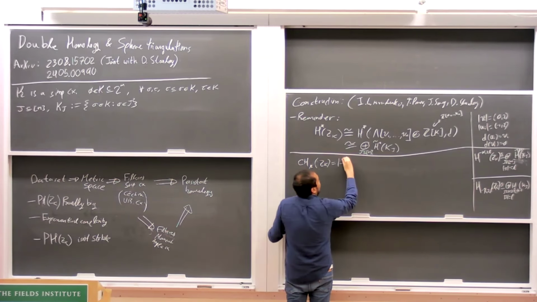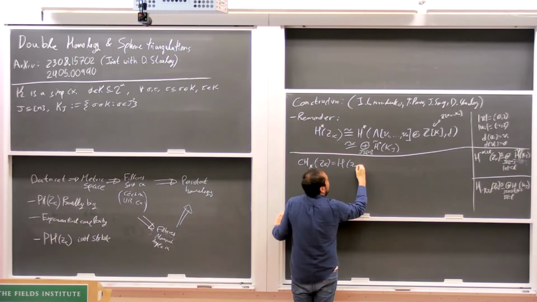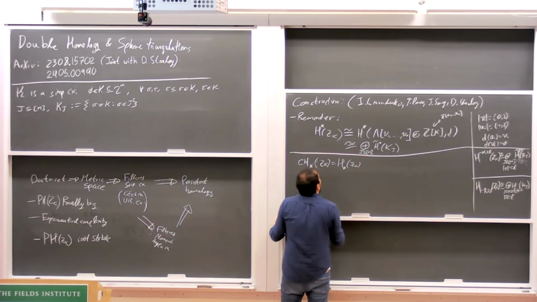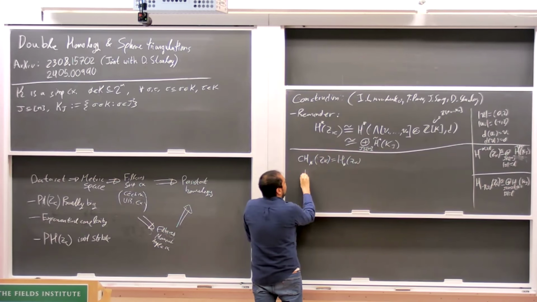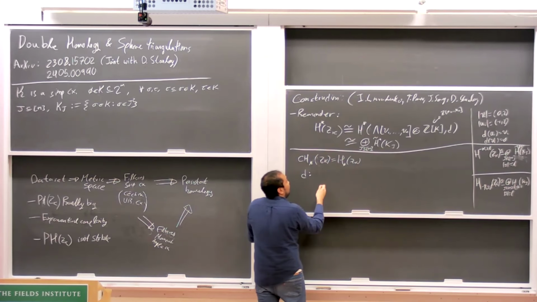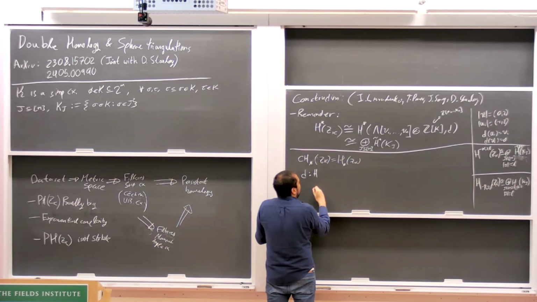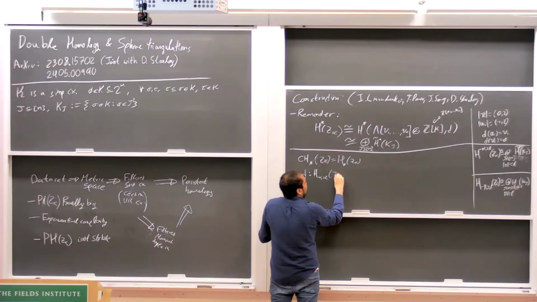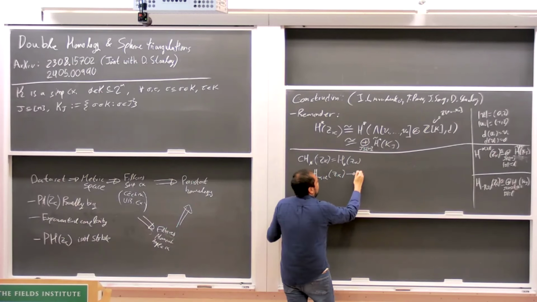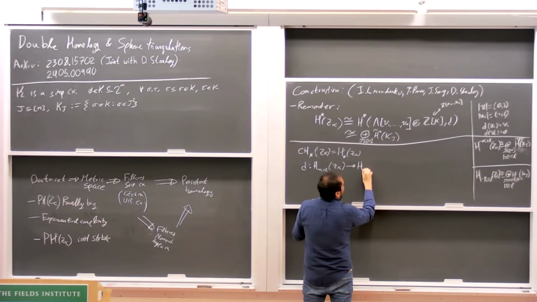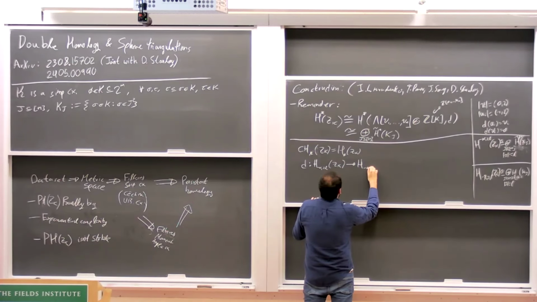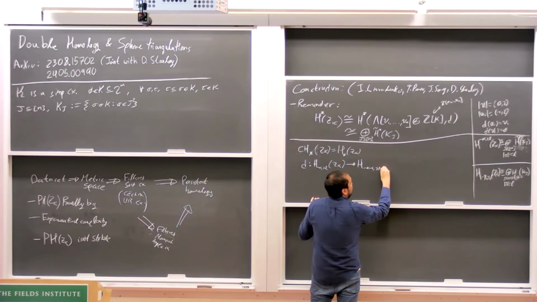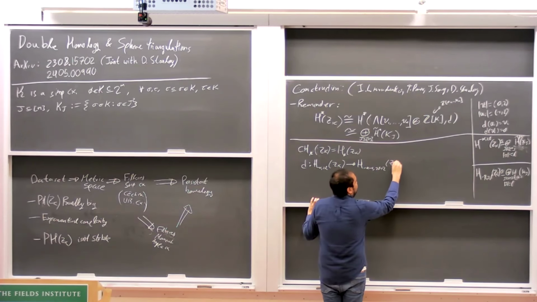It's just going to be H of set K. And the differential that we will define will map from H sub minus K to L of set K into H sub minus K minus 1 comma 2L plus 2 of set K.